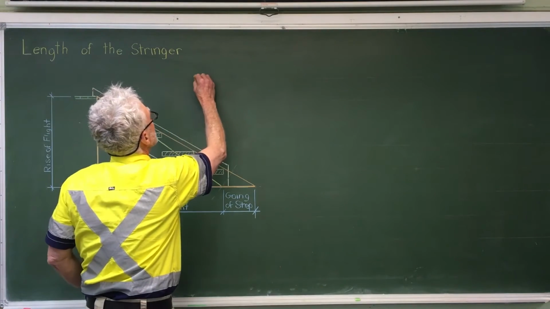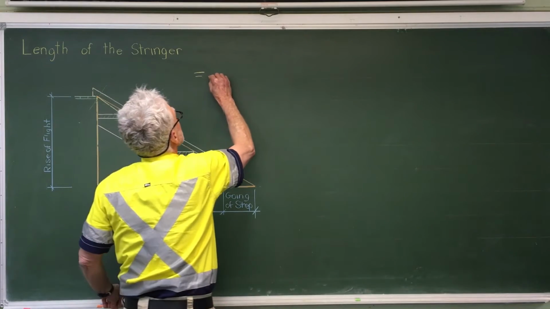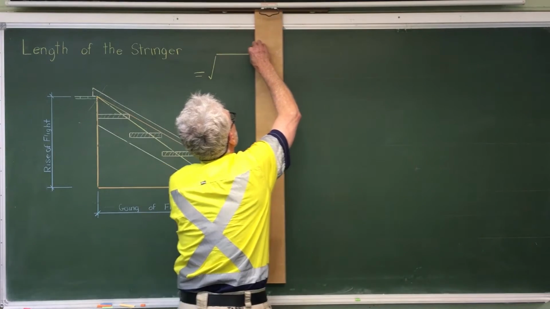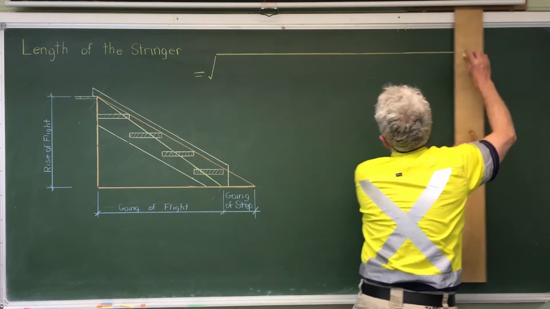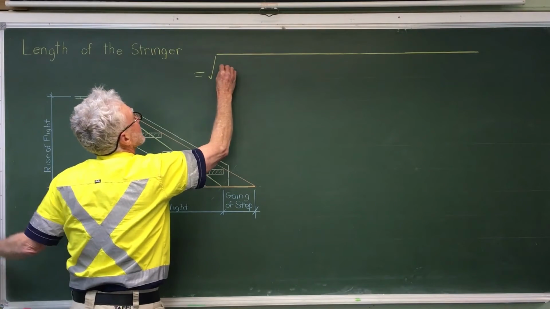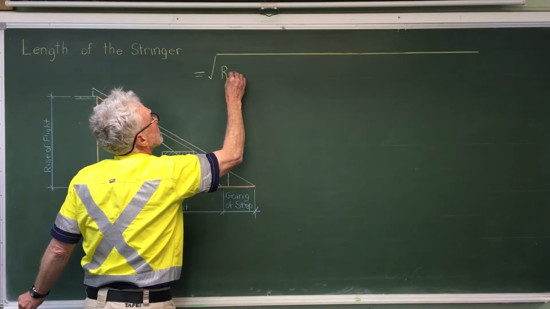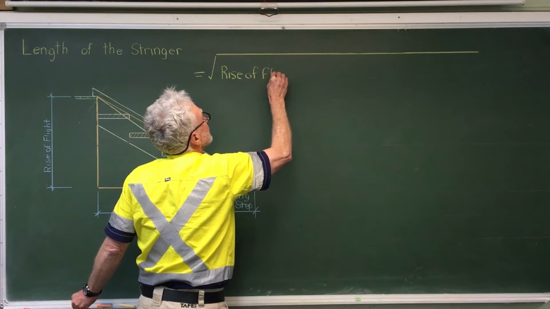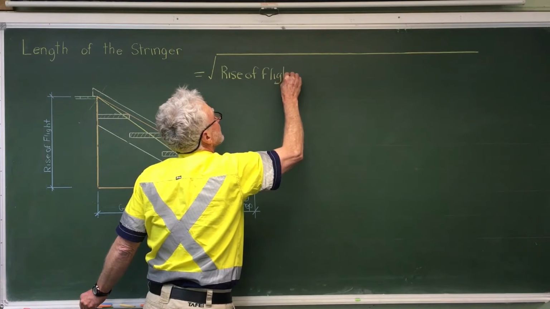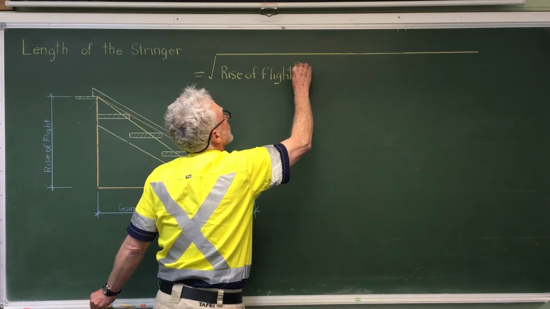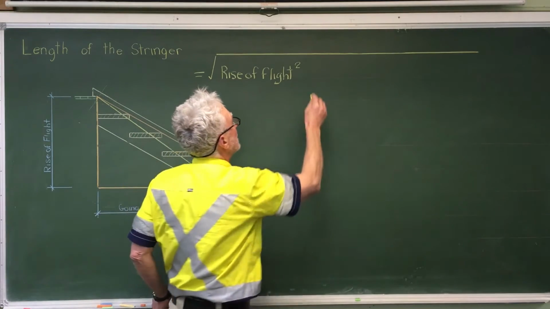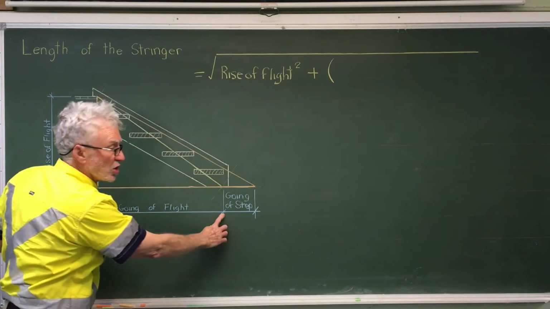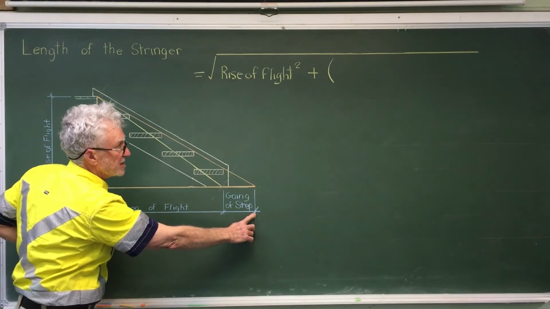The length of the stringer equals the square root of rise of flight squared plus going of flight plus going of step squared.